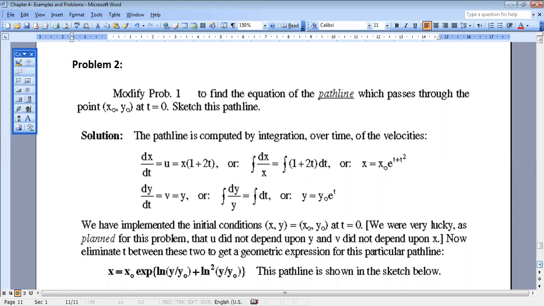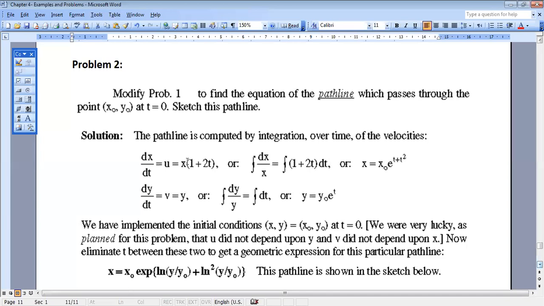What is the definition of the path line? The path line tracks the particle. It will follow the particle. So what we do in this case is find x as a function of t and y as a function of t. To do this, we go back to the concept. What is dx by dt? The variation of x, the position of a particle in the flow, with respect to time is equal to the component of velocity along x.